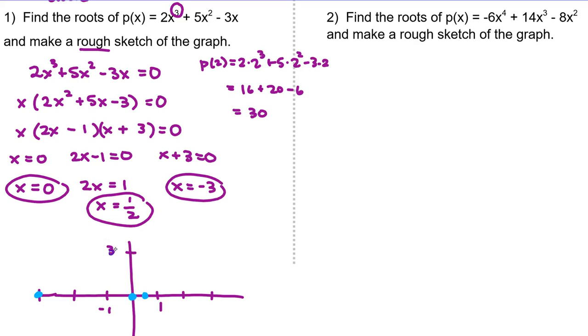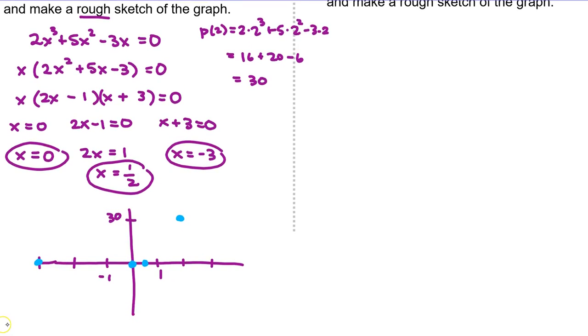I'm going to put 30 up here on my y-axis. So that would be that point right there. Okay. So now I'm just going to kind of connect the dots, and that's my rough sketch. So what you'll notice about a cubic polynomial function is that one end goes down and one end goes up, just like a line, one end down, one end up.